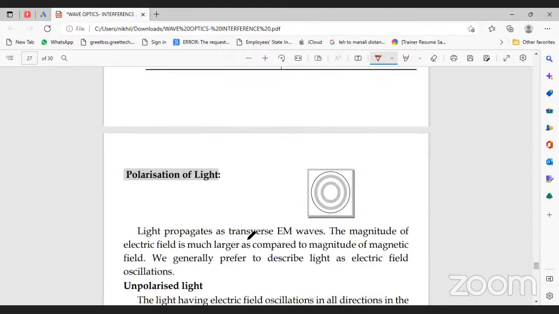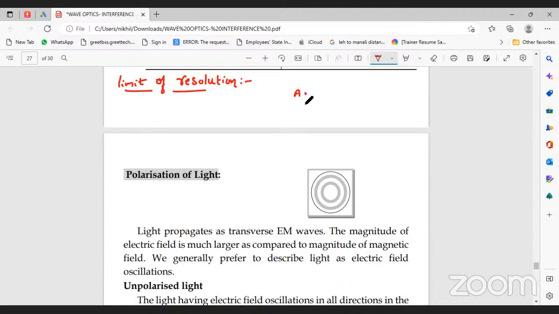After this, before going to polarization, you must know the meaning of limit of resolution. Now, I'm going to consider 2-point objects.